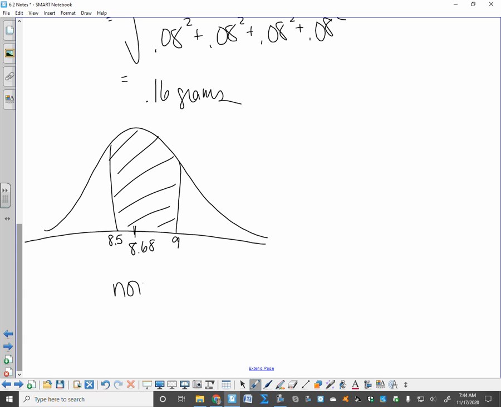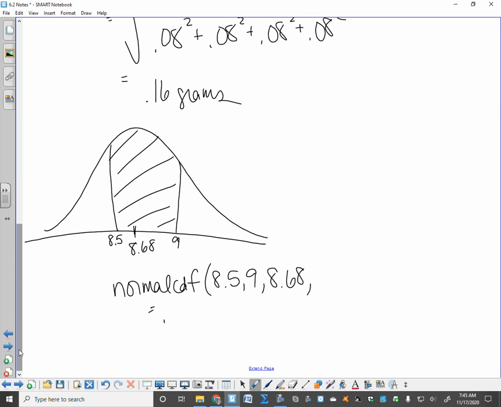So I'm going to use normal CDF from 8.5 to 9 with my mean of the total, because this 8.5 is the total amount of sugar in his tea. So 8.68 and, no, not 0.847, sorry.